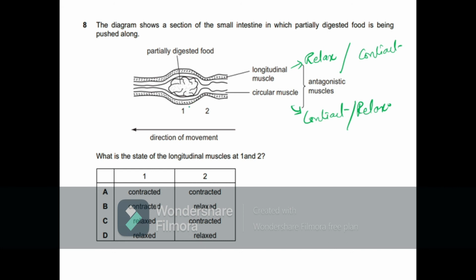Okay. So when we are discussing circular muscles, when circular muscles contract, what will happen? When circular muscles contract, the lumen of the intestine decreases.